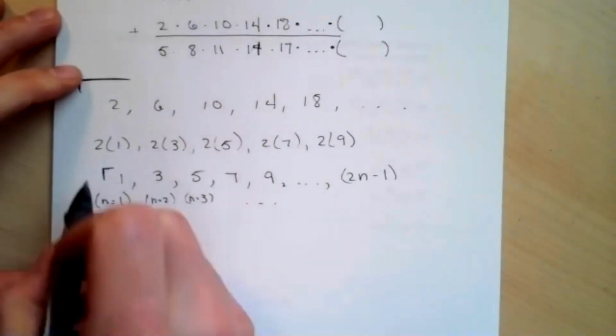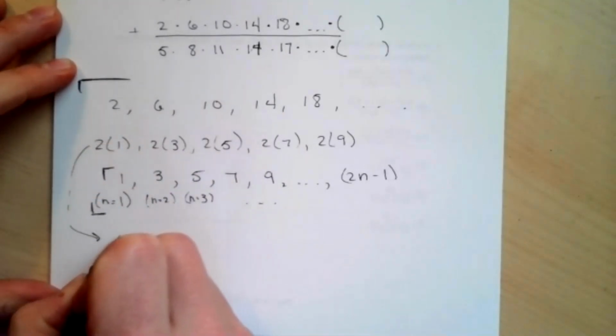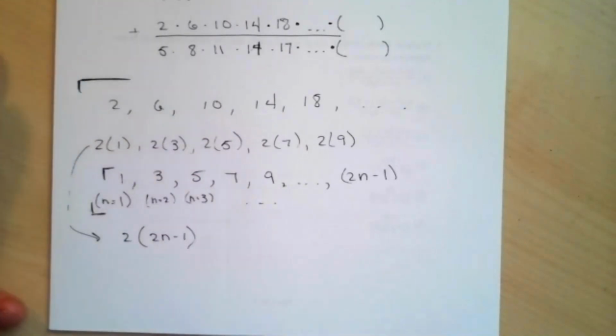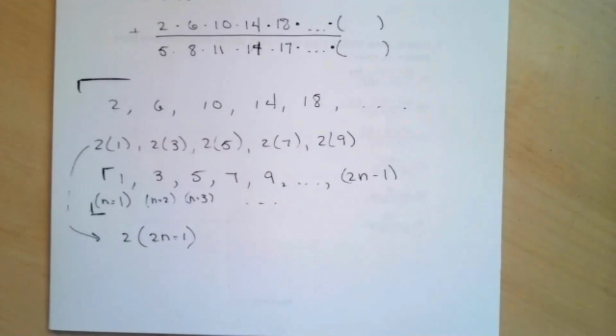So in other words, this sequence here, we could describe as 2 times 2n minus 1. And let's keep it factored. If we wanted to, we could write it as 4n minus 2. But factoring out that 2, sometimes it's helpful, and it often can be with some of these factorial-like growth that's going on.